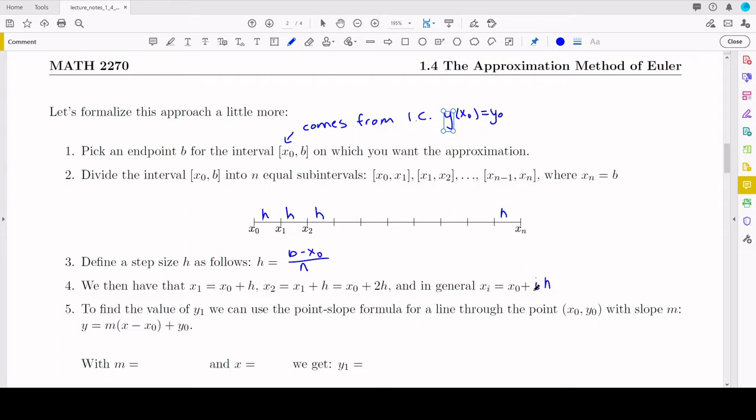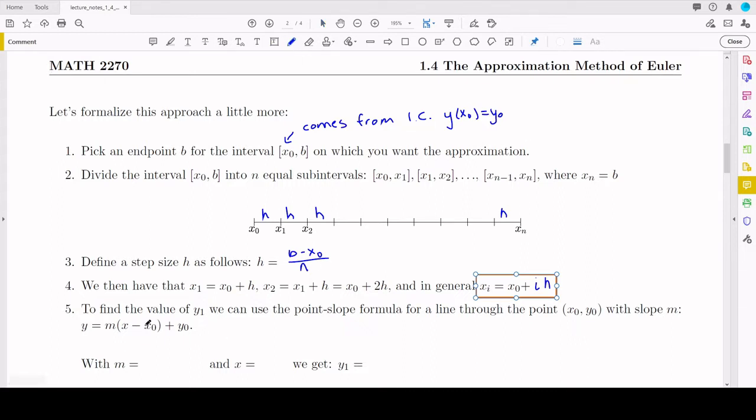So that i plays a role here. And that's the first part of our Euler method. Right, so this is the first important formula.